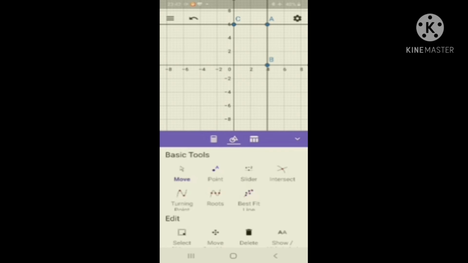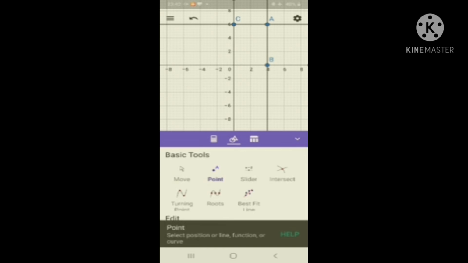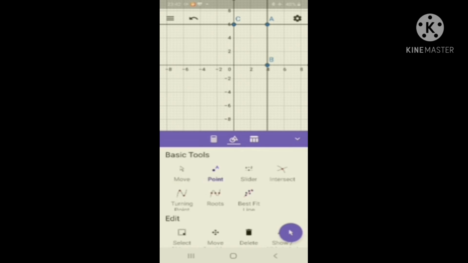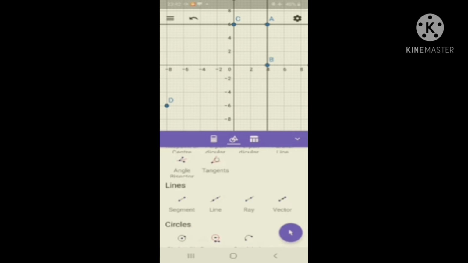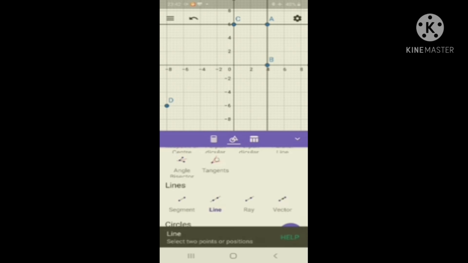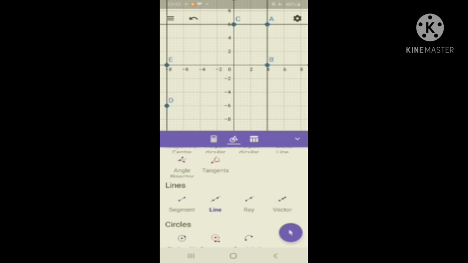Again, suppose that you have to find the coordinates of D. So for it we draw a perpendicular line from D on the x-axis. That is, D is perpendicular on the x-axis.